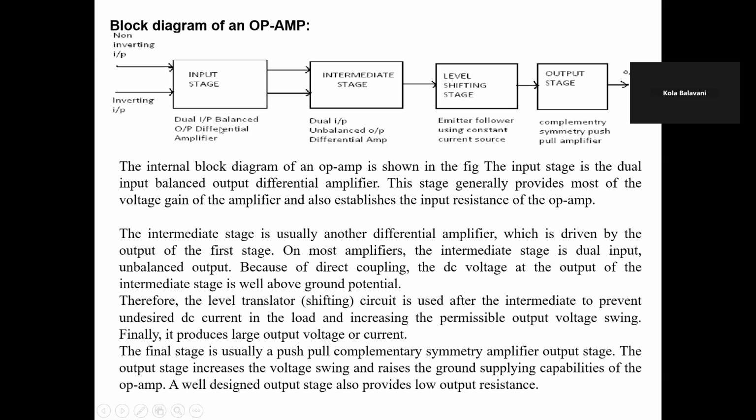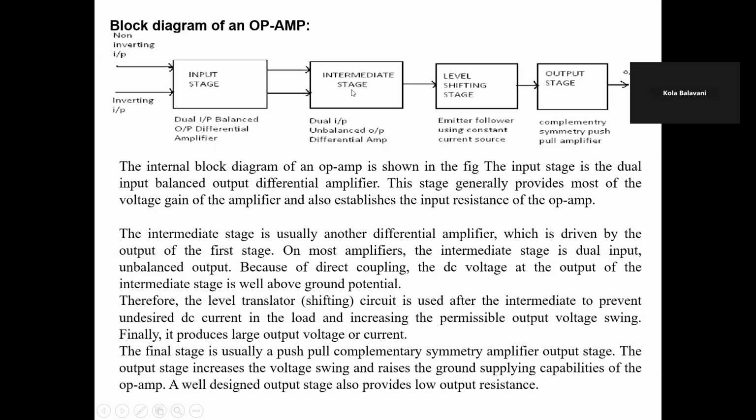So dual input balanced output means it is accepting two input signals, and similarly balanced output means the output is also taken from two pins. Means we are collecting the output from two locations.